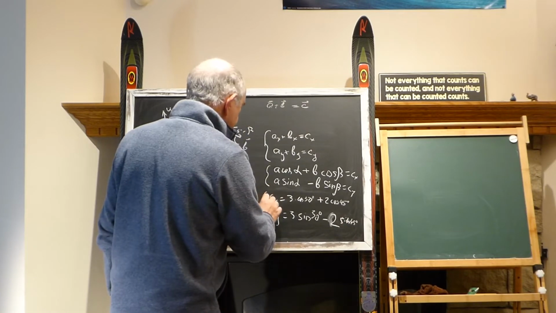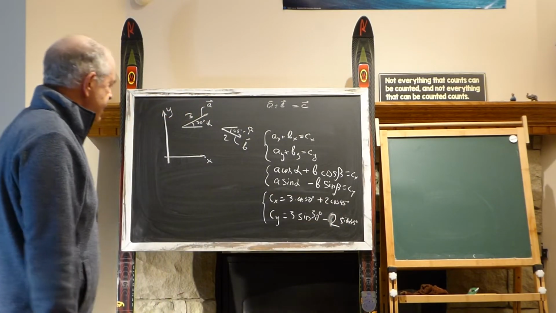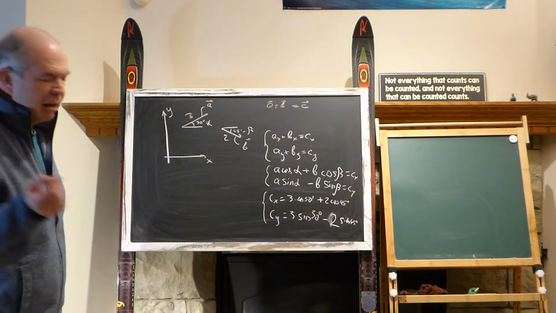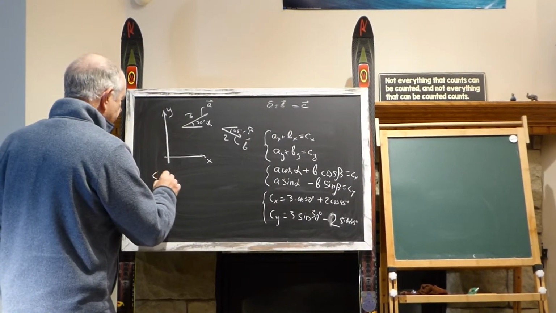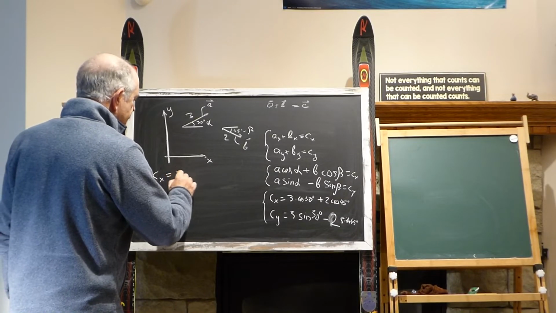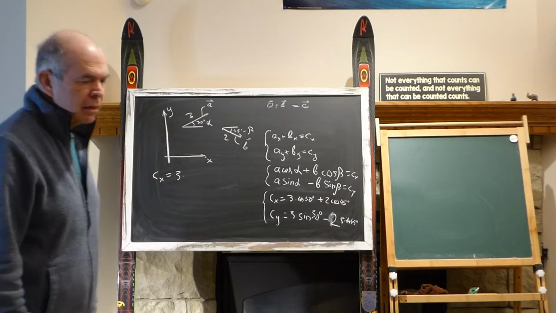And of course you can use a calculator and stuff like that, but I'm lazy and I don't have a calculator, it's too expensive a device for me. So I write Cx equals 3 cosine 30 degrees.